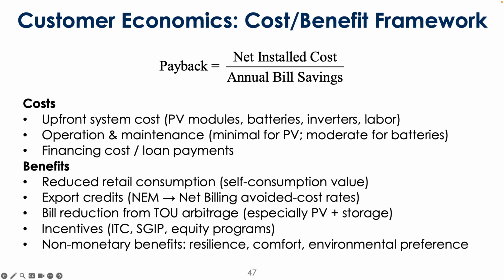So pretty straightforward, right? From a cost-benefit framework, you have some cost of installing some kind of infrastructure. We can divide that by our annual bill savings, and the components of our costs versus benefits are here. And from a market perspective, as the payback gets more compelling, I think the more you're going to see people in general go after these things.